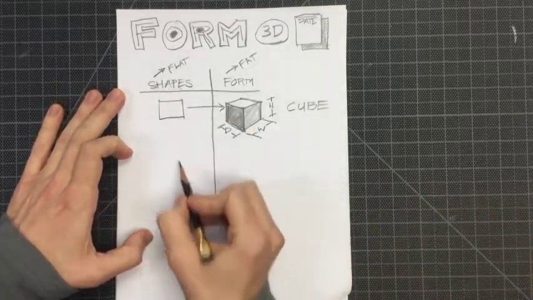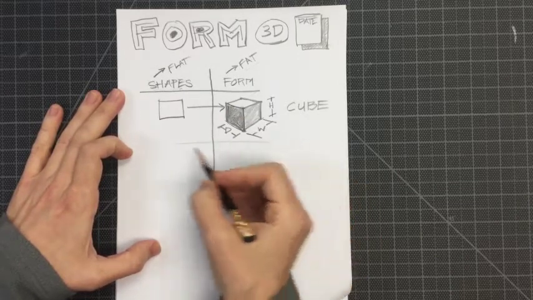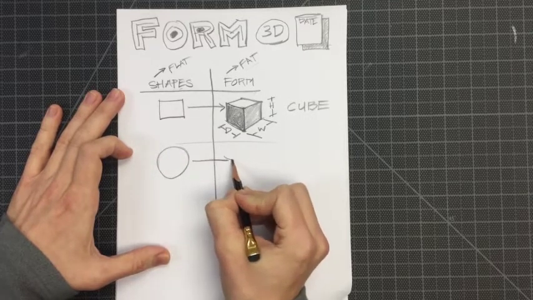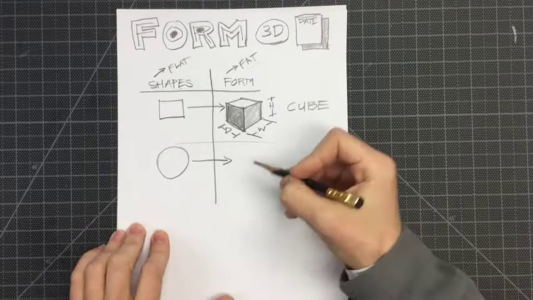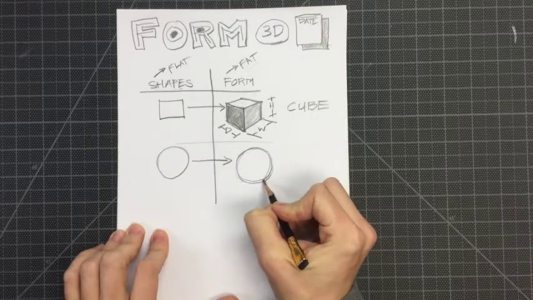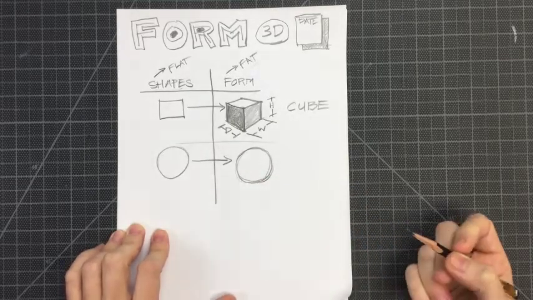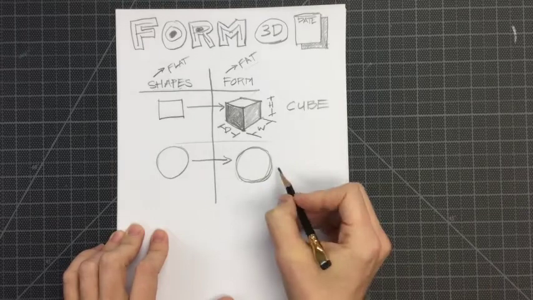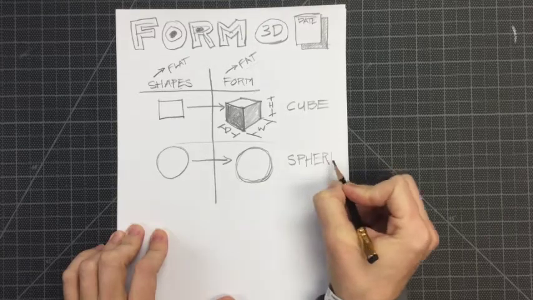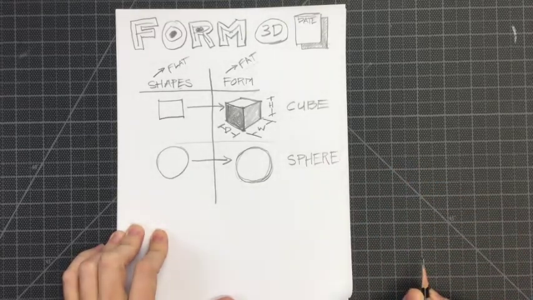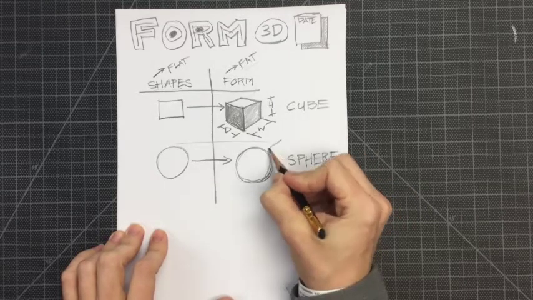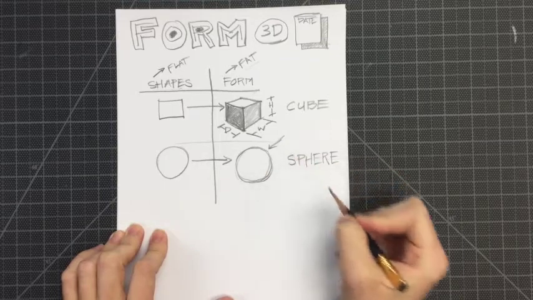Our second shape will be a circle. And if that becomes a form, well, we'll draw a circle again. We will create the illusion of form by shading our circle and creating a sphere. So one side of our sphere will be very bright. That's where the light hits it.